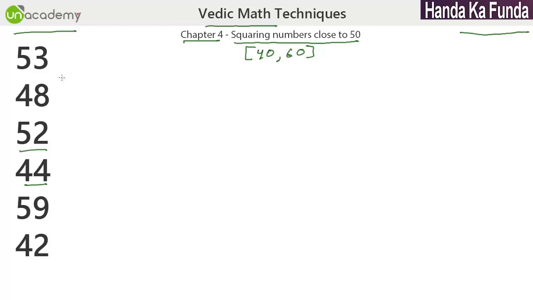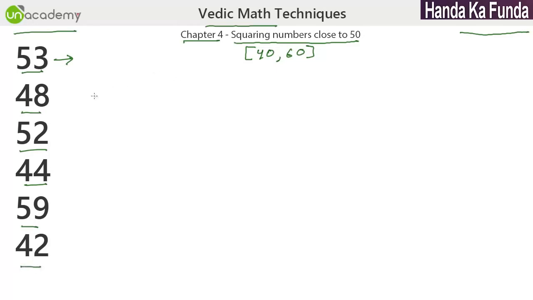Now, what we are going to do in this particular video is quickly find out the squares of all these numbers. For that, what you need to know is the distance of 53 from 50, the distance of 48 from 50, the distance of 59 from 50, the distance of 42 from 50.